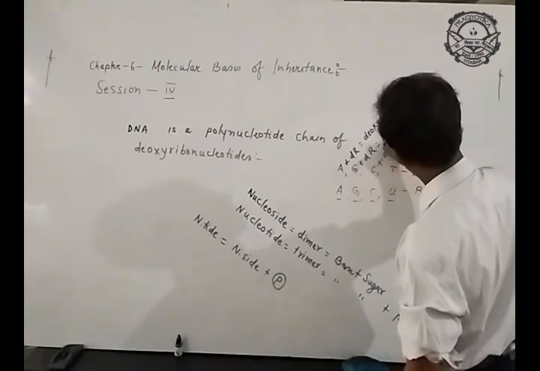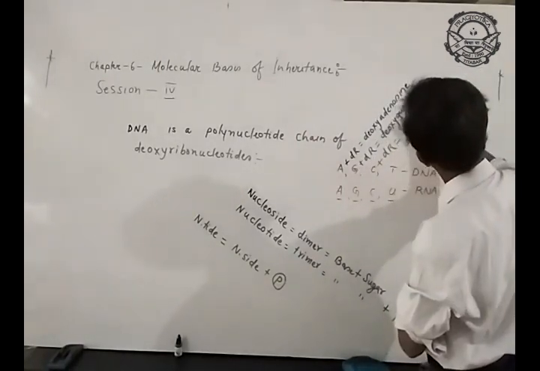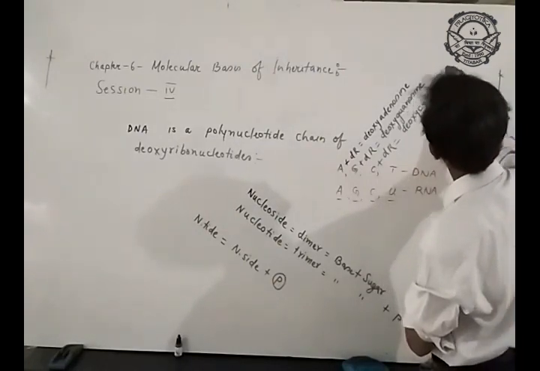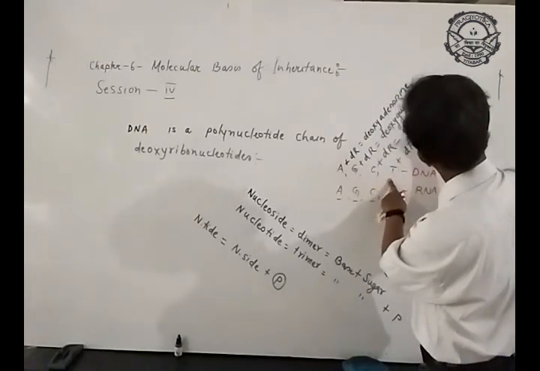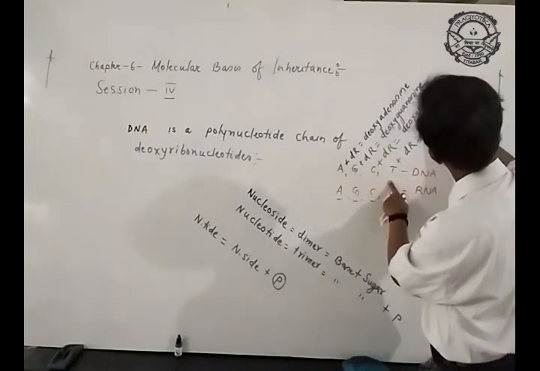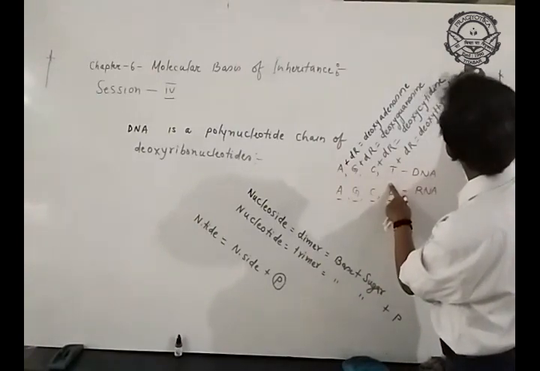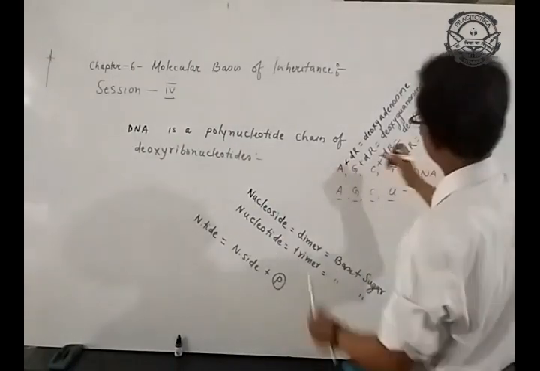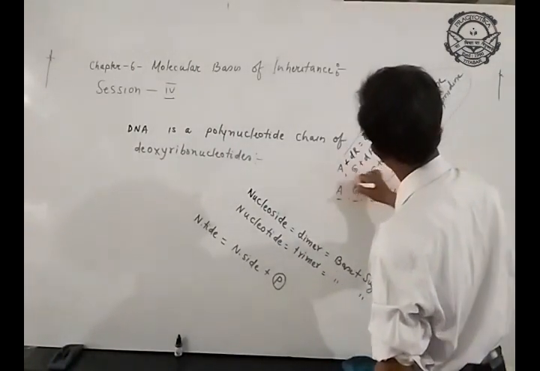Cytosine plus deoxyribose sugar is deoxycytidine, and then thymine plus deoxyribose sugar equals deoxythymidine. So you have the nucleosides of DNA.